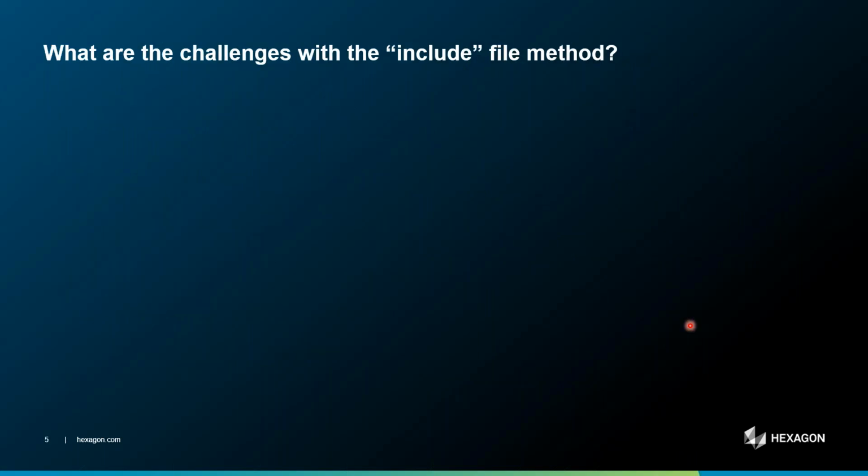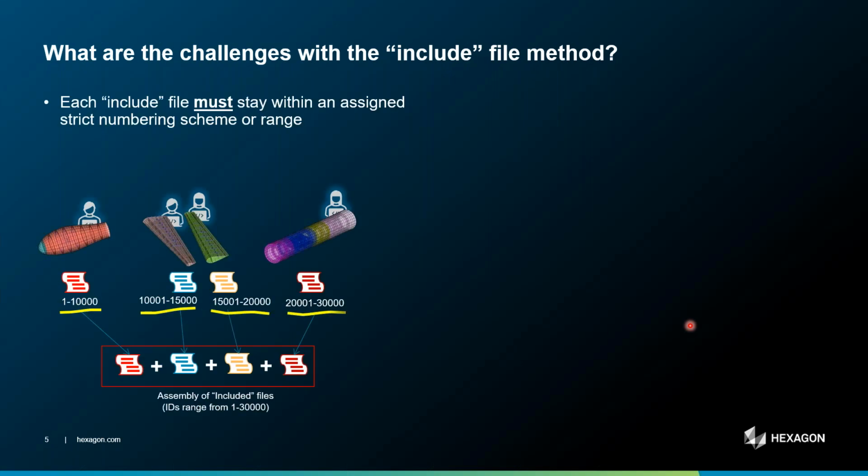So what are the challenges with the include file method? Number one, and probably the biggest, is that each include file must stay within an assigned ID range. The nose, for instance, might have ID space for the nodes and elements of 1 through 10,000. The wings might be 10,001 through 20,000, and the fuselage might be 20,001 through 30,000.